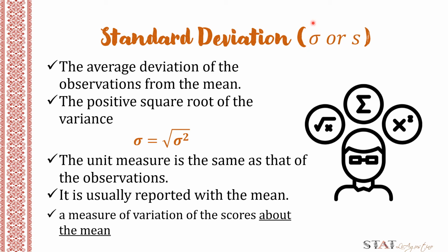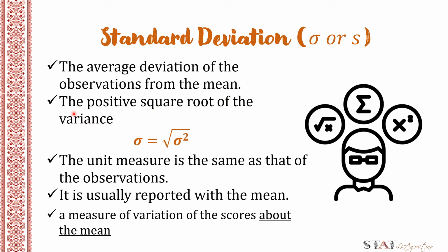So let's proceed. Standard deviation uses the sigma. Remember the population variance, you just put the square there. But if it's standard deviation, you just use the sigma. This is for population standard deviation, or SD to make it short, or S. It is the average deviation of the observations from the mean.